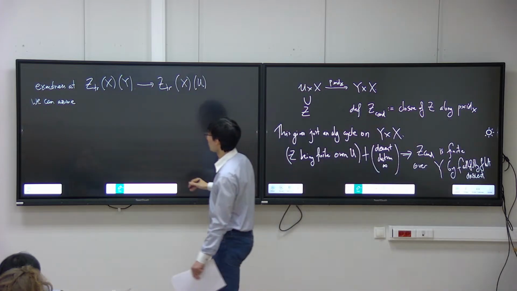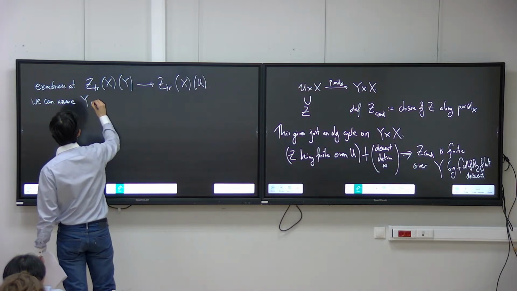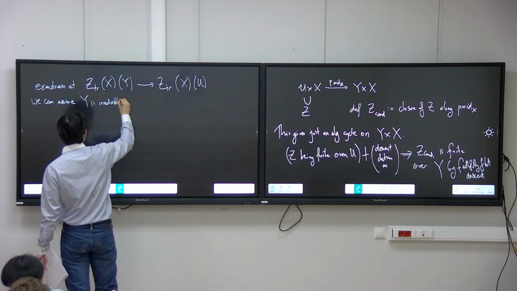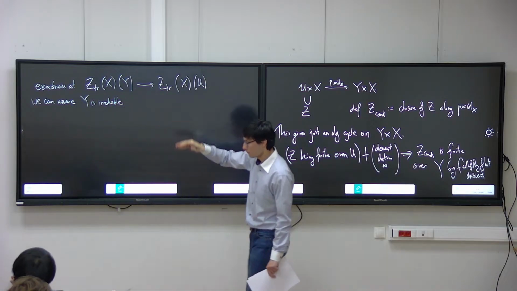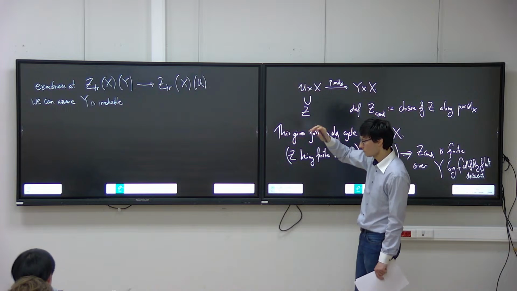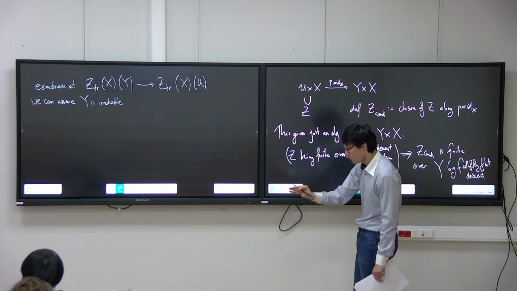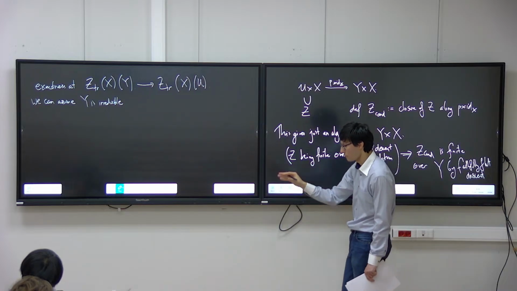So we can assume y is irreducible, because our finite correspondences by definition lie completely over some generic point.